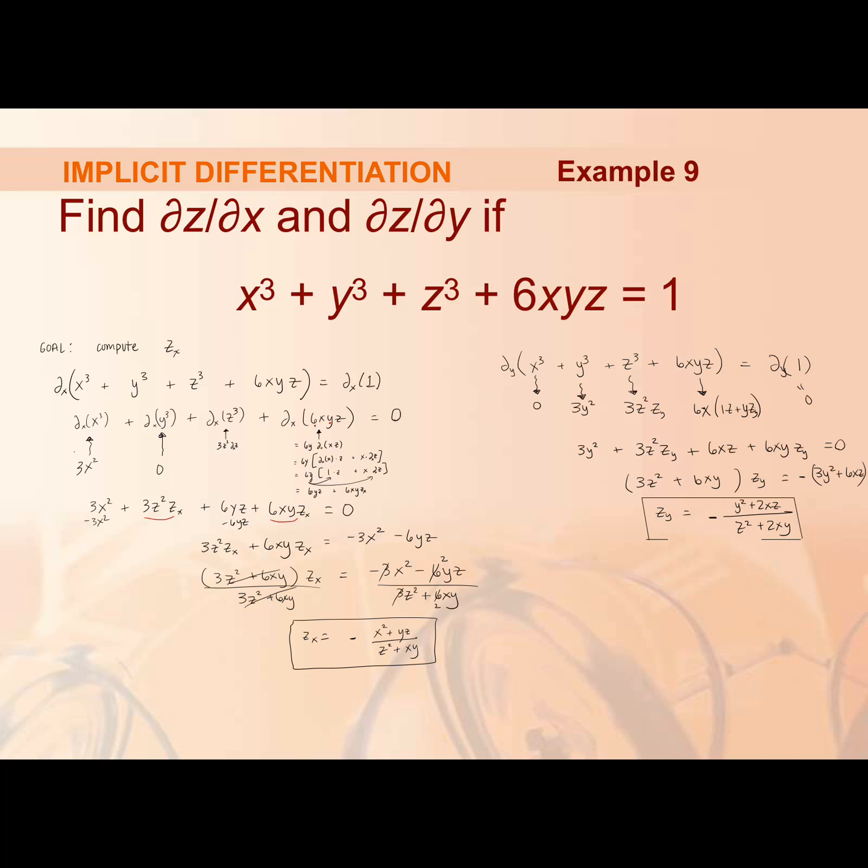Okay, so that's my final answer. And you'll notice that this is very similar to the partial with respect to x, and the reason is because the relationship between x and y is symmetric. So the partials are going to be the same, just switch the x's and the y's. Okay, that's it for our examples.